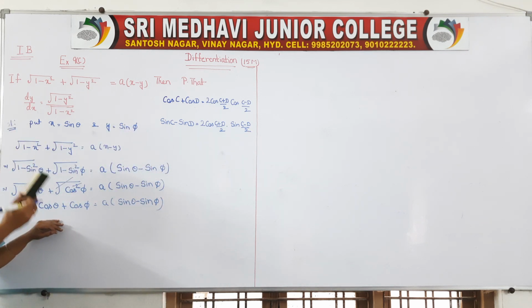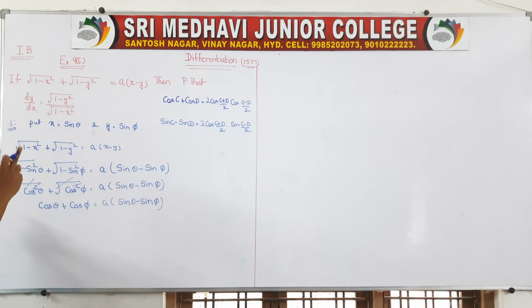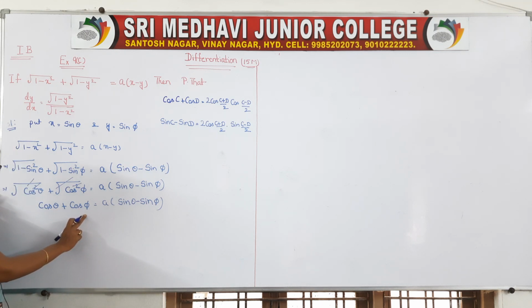Why? They are in that form. That's why instead of C and D, we are having theta and phi, isn't it? So apply those formulas. How will we apply?